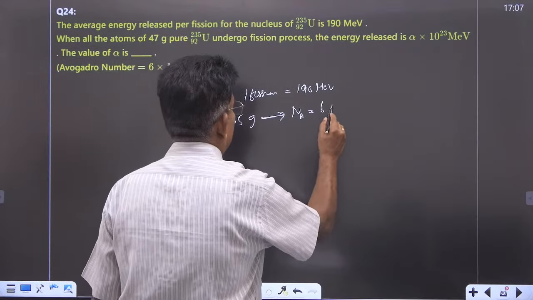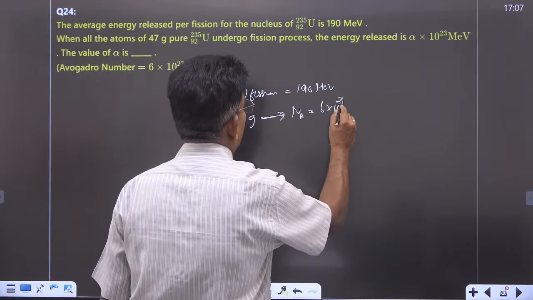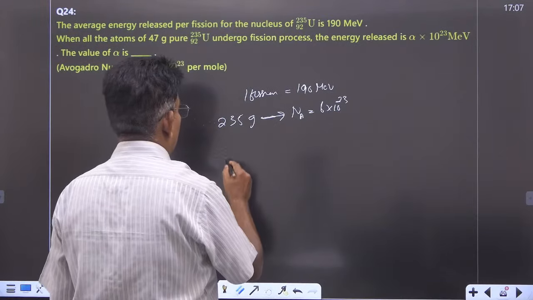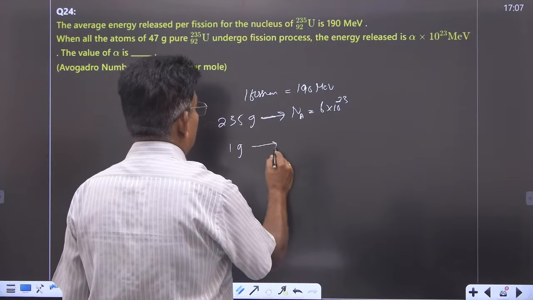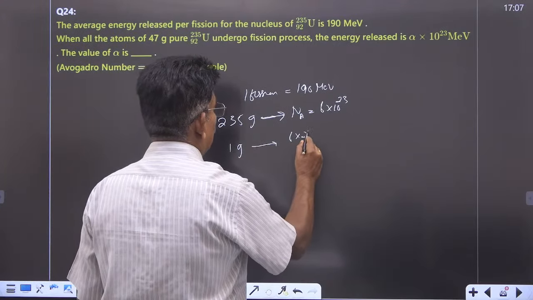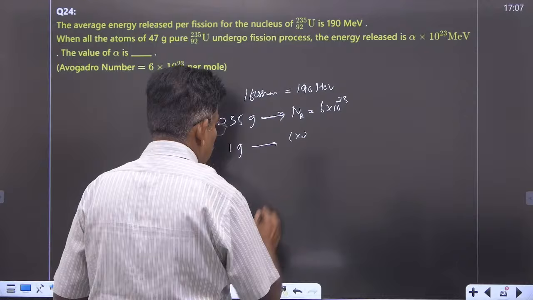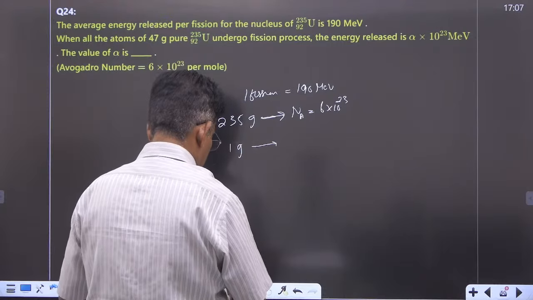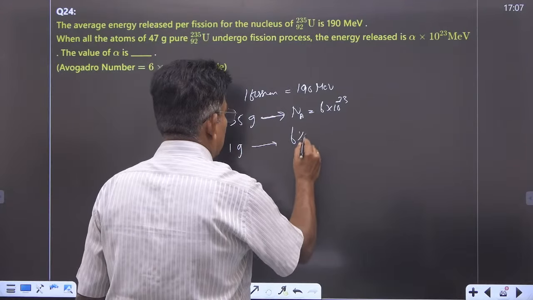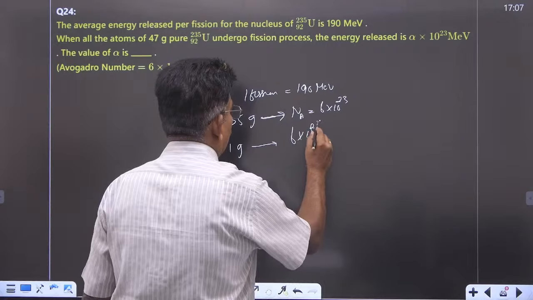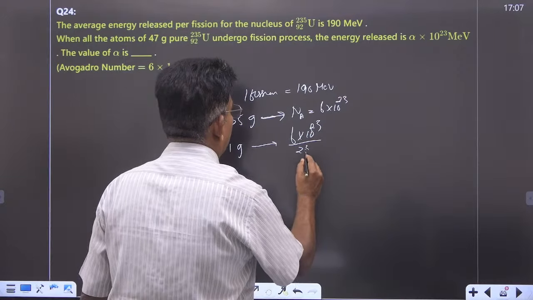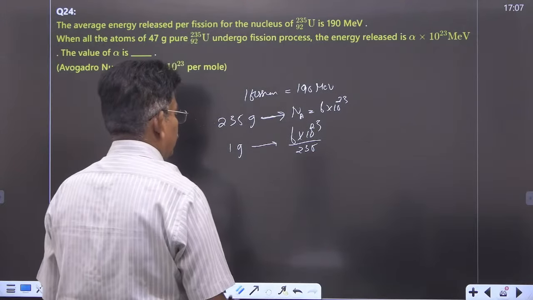How much is it? Nearly 6 into 10 to the power of 23. Therefore, 1 gram contains 6 into 10 to the power of 23 divided by 235.